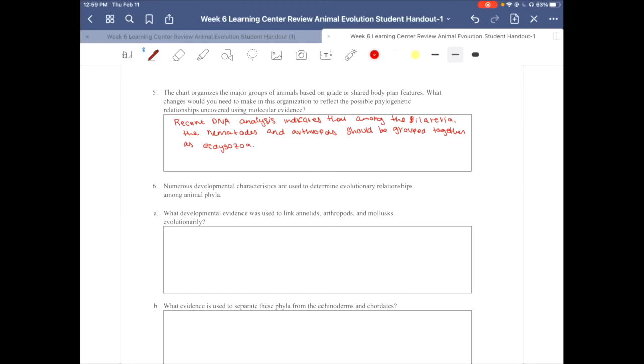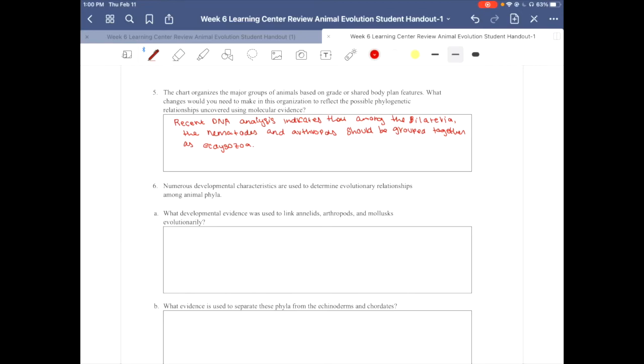Okay, so the next question is asking what developmental evidence was used to link annelids, arthropods, and mollusca evolutionarily. I would say that they're all protostomes, so developmentally they're all protostomes. They display spiral cleavage, and when they develop the digestive tract, the blastopore becomes the mouth and the coelom develops from split mesoderm.